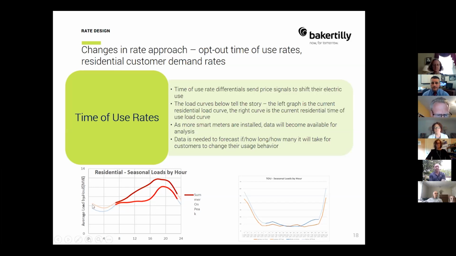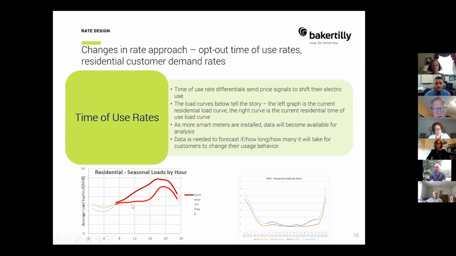In the summer season, again, overnight it's low, and then it ramps up during the day with air conditioning and more industrial load, until your system peaks at approximately 6 p.m. and 6 through 10 p.m. is your highest peak of the day. And again, it drops down overnight.